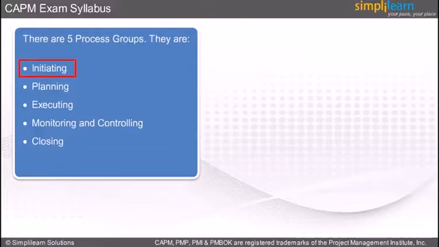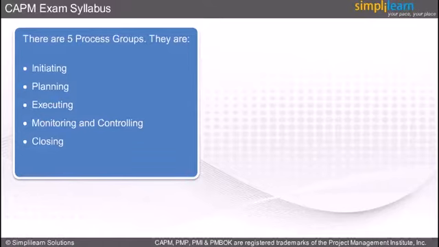When a new project starts, it is in the project initiation phase. From initiation, it moves to planning. Then it goes through execution and monitoring and control phases. And finally, it's closed. Project execution and project monitoring and control processes go hand in hand.